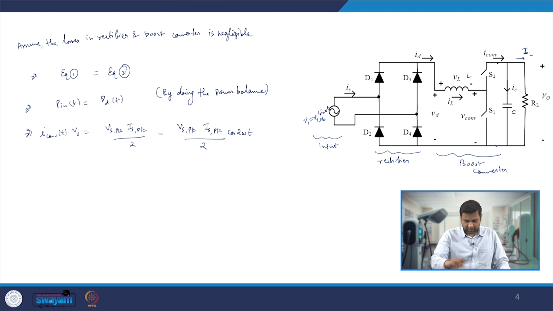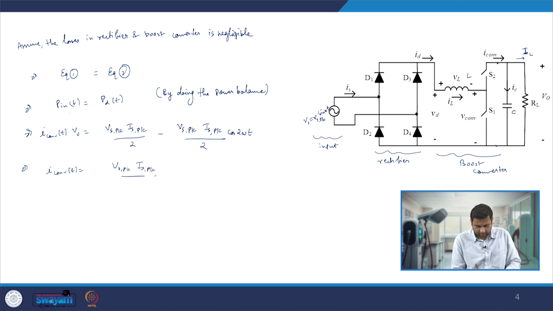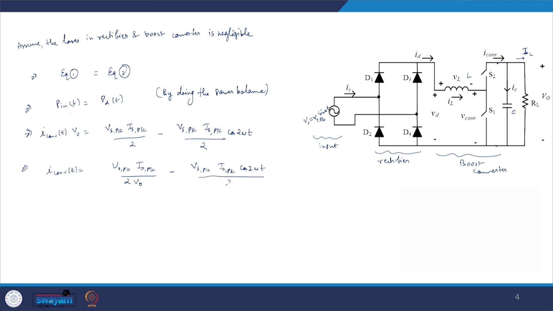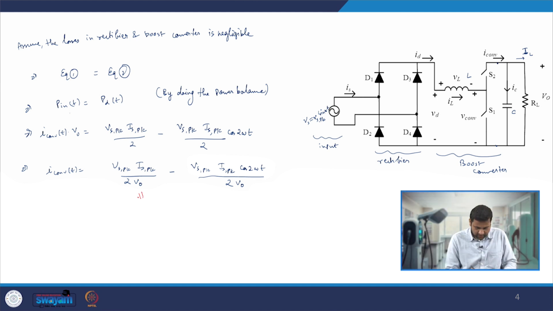Let us see, yeah, this is the thing. Now if we see this particular expression, we can rearrange this, where we get I converter is nothing but Vs peak Is peak by 2 V naught minus Vs peak Is peak cos 2 omega t by 2 V naught. Now if you look very carefully, this particular expression is a DC quantity.